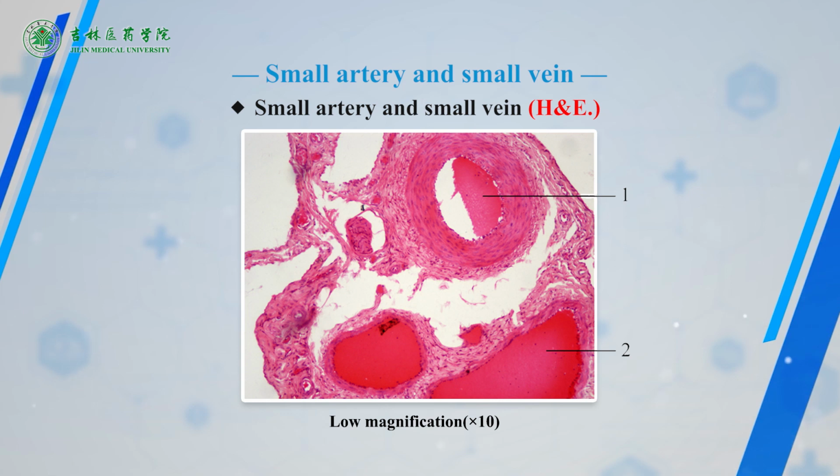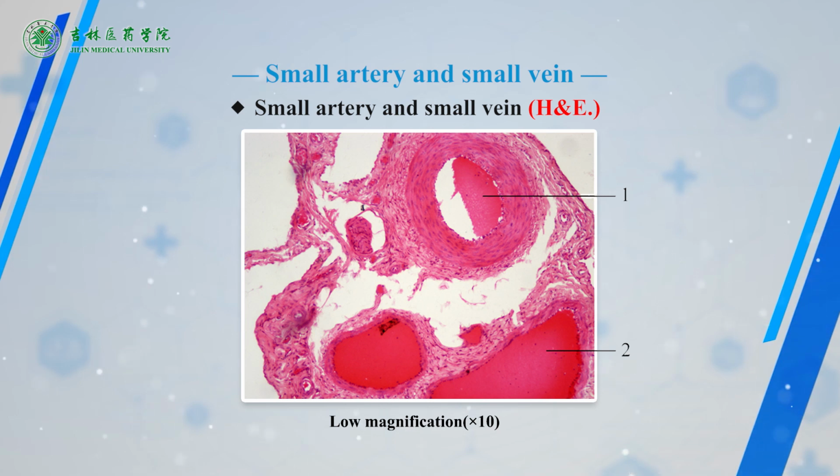The small vein has a slightly larger lumen and thinner wall than the corresponding small artery. Number 2 indicates its lumen is often collapsed and irregular for lack of elastic components.